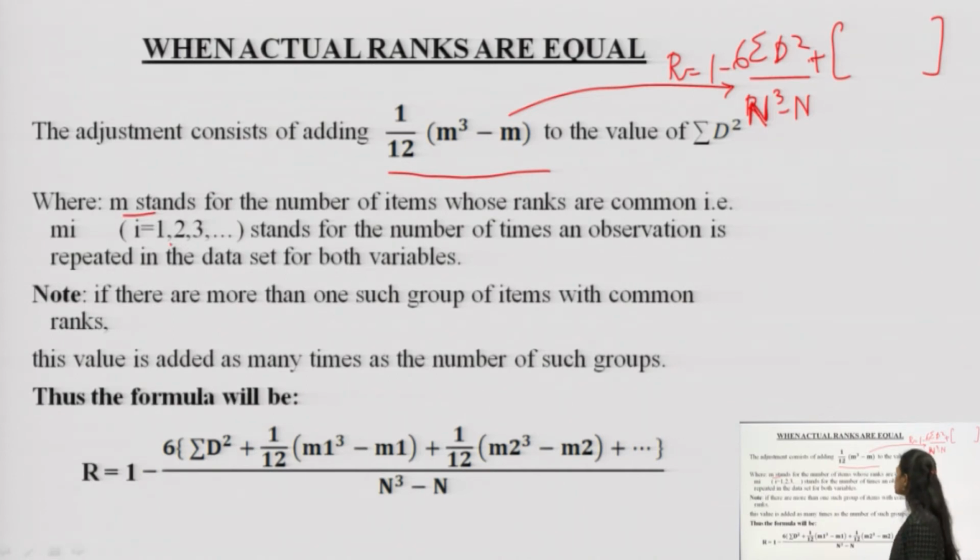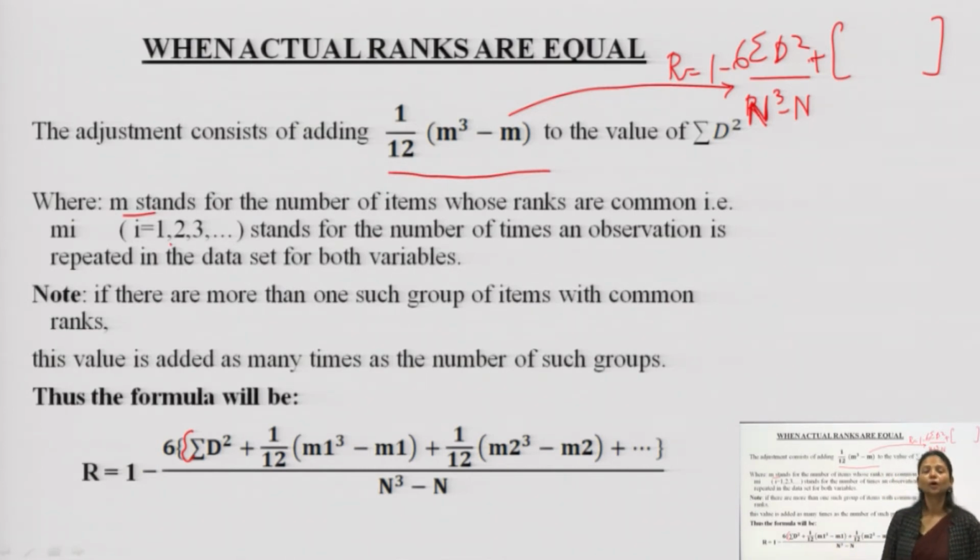Note, if there is more than one such group of items with common ranks, this value is added as many times as the number of such groups. Therefore, the formula becomes r equal to 1 minus 6 times summation of d square, and we have opened a bracket here because there could be many m's added.